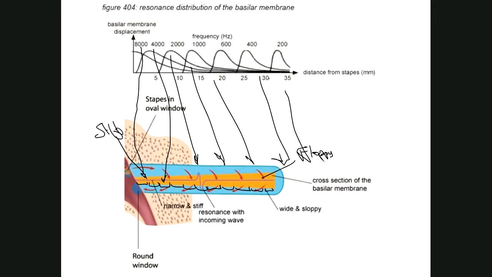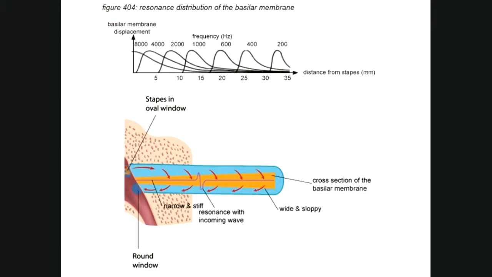And so if we look at it, this first part of the membrane matches high-pitched sounds. Remember, we're going to measure it in frequency. So look at what this frequency is. 8,000. In other words, it's going to go up and down 8,000 times in a second.